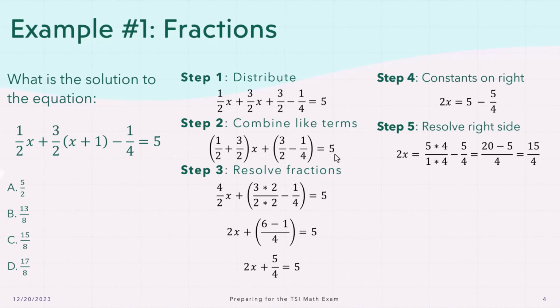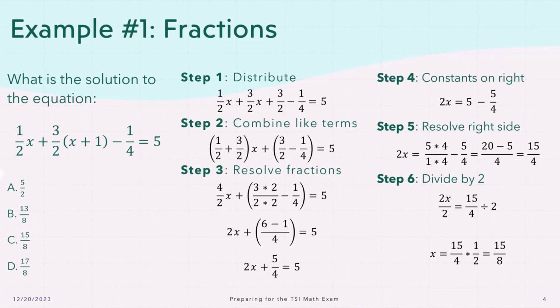So the last step will now be to divide by 2 to get rid of the 2 on the left side. When we divide the 15/4 by 2, we have to remember a new rule for math, and that is that when you divide a fraction by a fraction, you flip the bottom fraction and multiply.